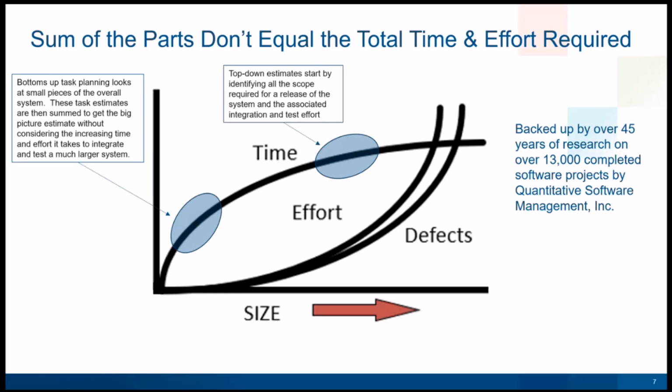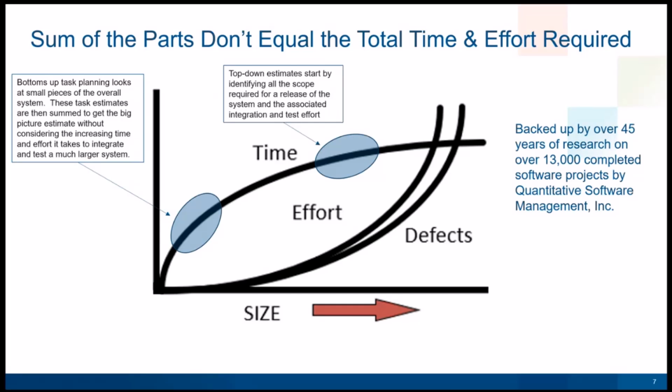If we do that for all the tasks associated with the system and simply add those up, we'll generally tend to shortchange ourselves on schedule. Because when you put it all together, all the scope, instead of being down here on the left side of this curve, we're actually way up to the right. It's a much bigger system when we put everything together.